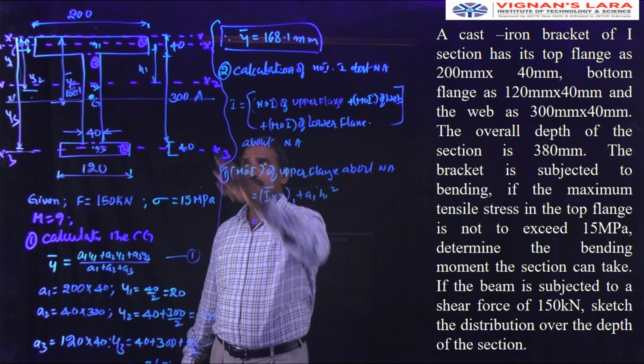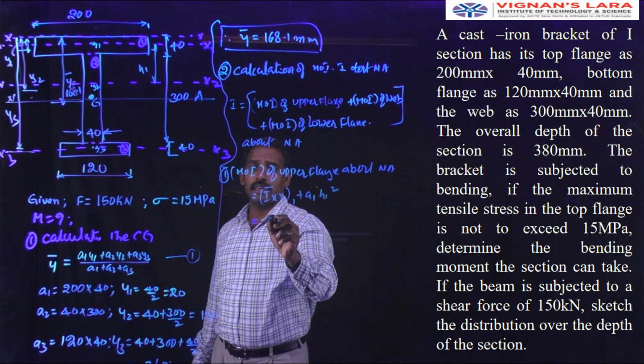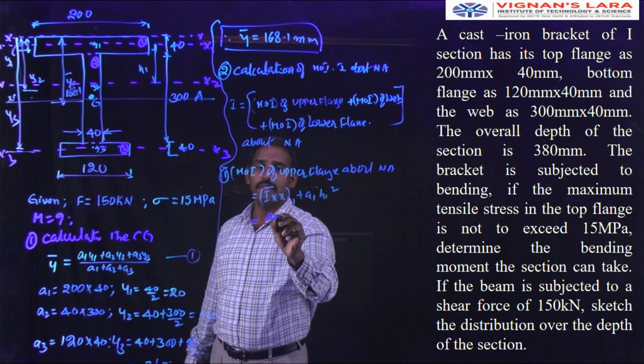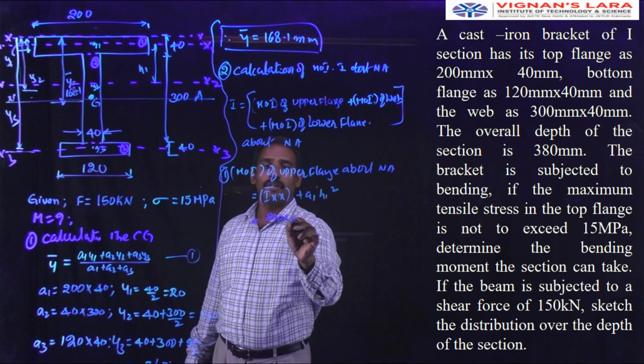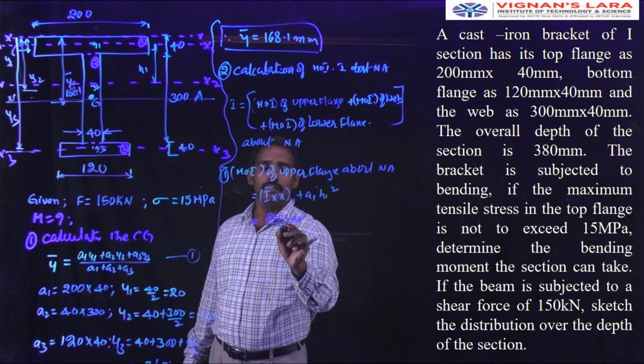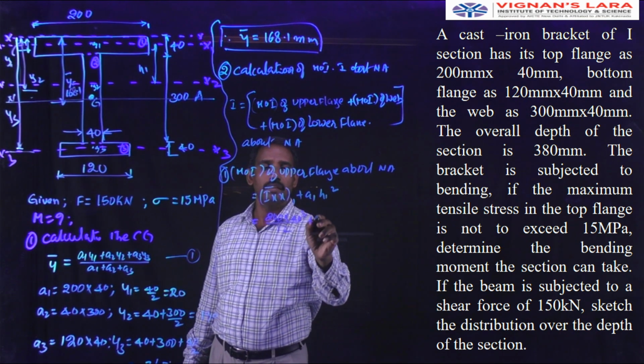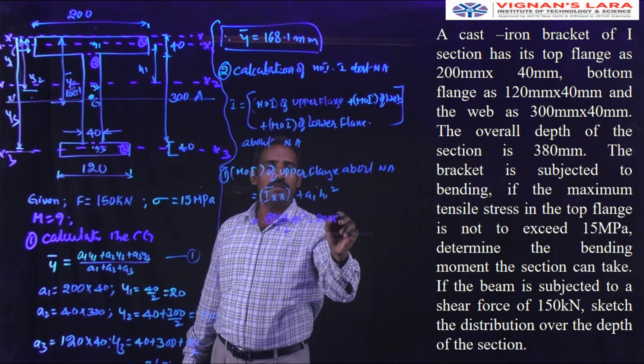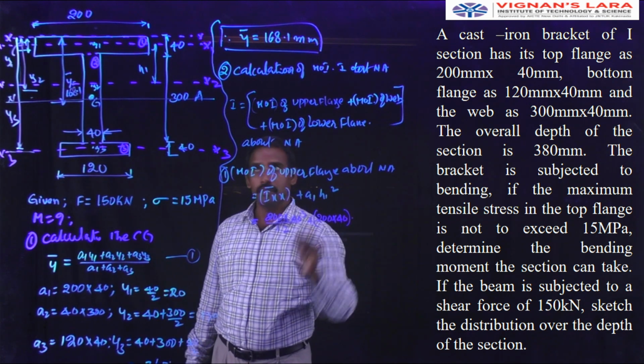What about the moment of inertia of the first rectangle about its central axis? 200 into 40 cube by 12 plus 200 into 40 into h1 squared.